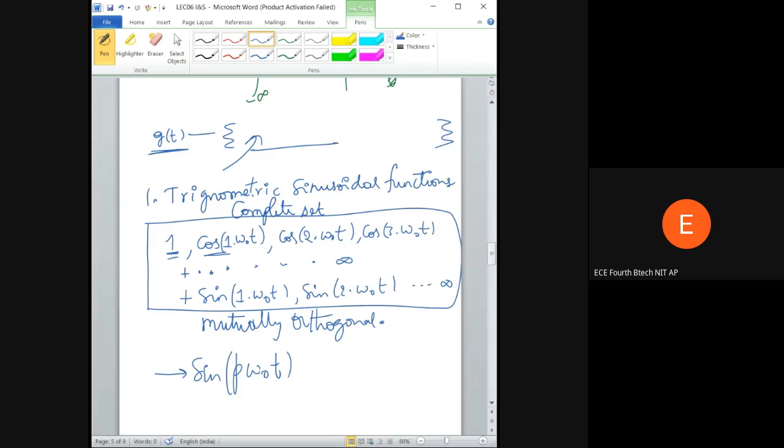Both are sinusoidal in nature and hence the integral is also 0. That means sine p omega naught t is orthogonal to all the remaining signals in this set.